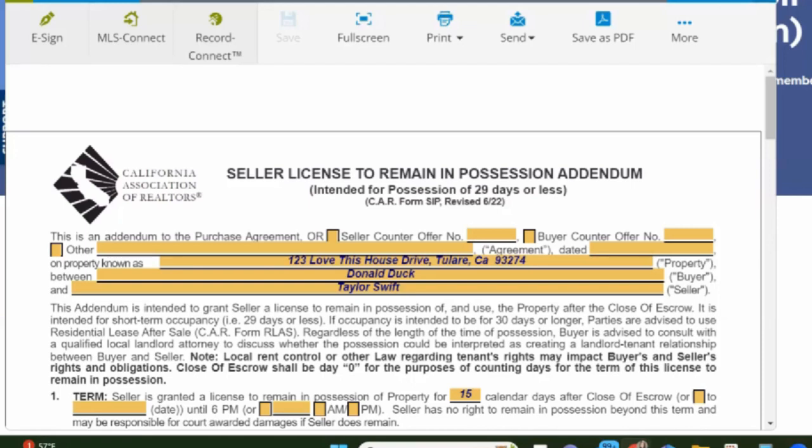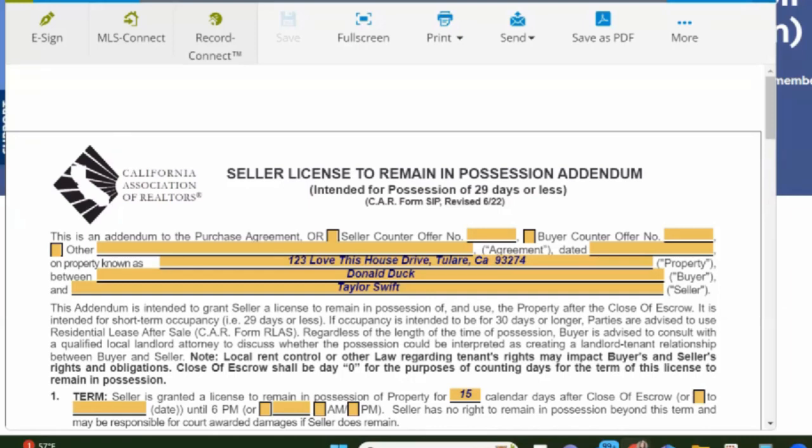Sometimes when a seller is selling their house, they want to keep possession of the home for a period of time after escrow closes. In a typical transaction, once the transaction records, it's closed, that is the moment that the buyer now has possession and the seller should be moved out prior to that.